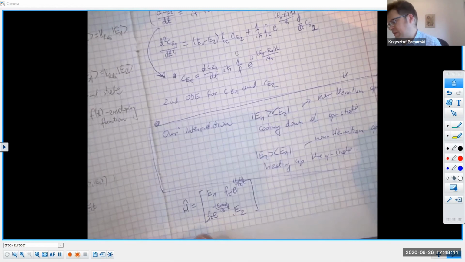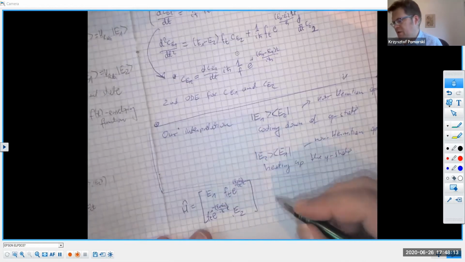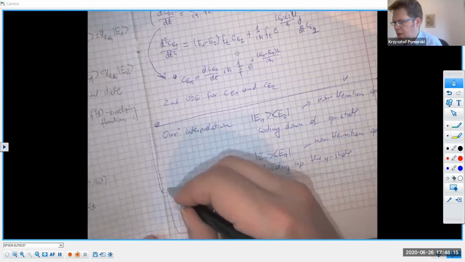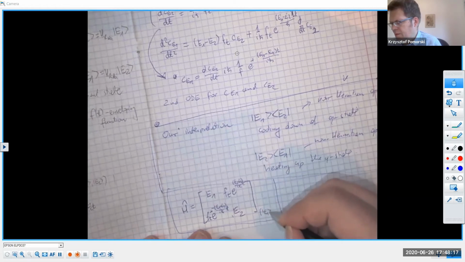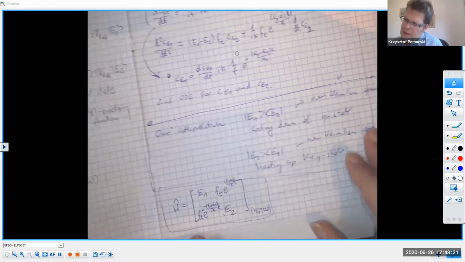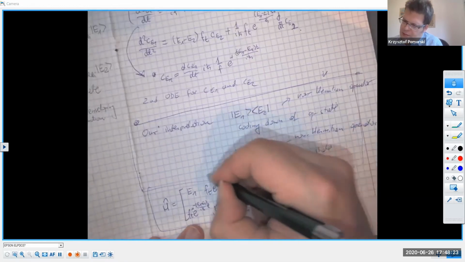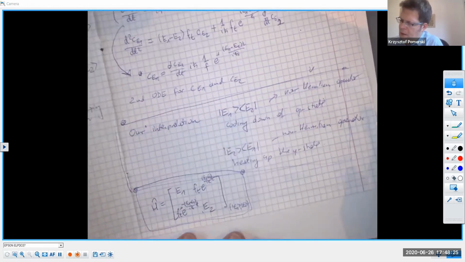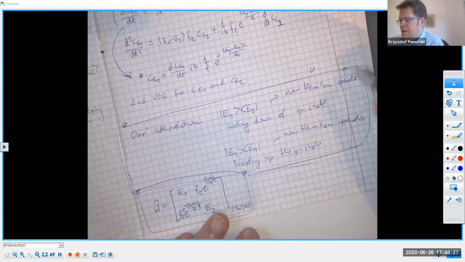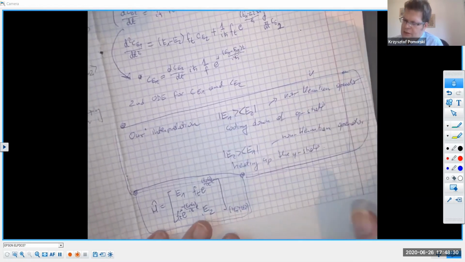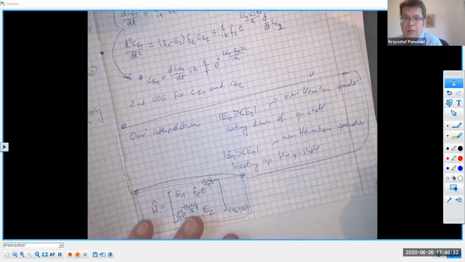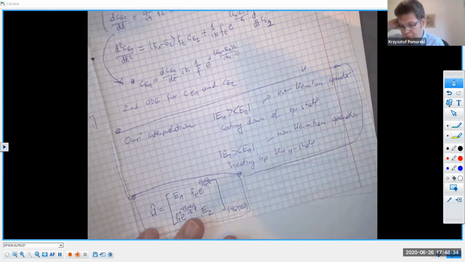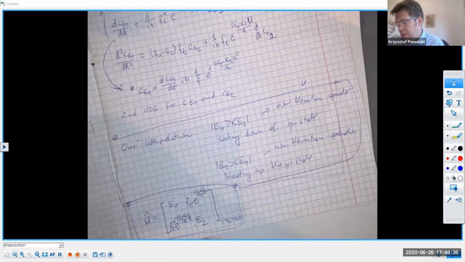Right. So this is of such form in eigenenergy representation. Then the question is how to implement such type of system.